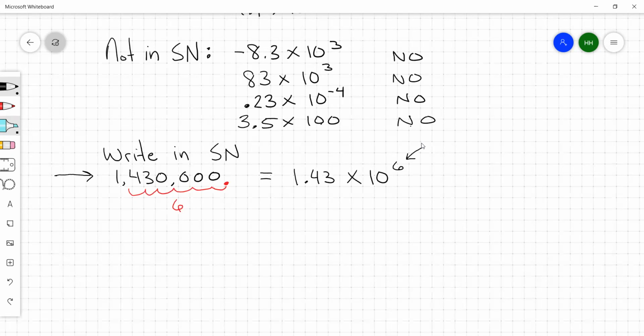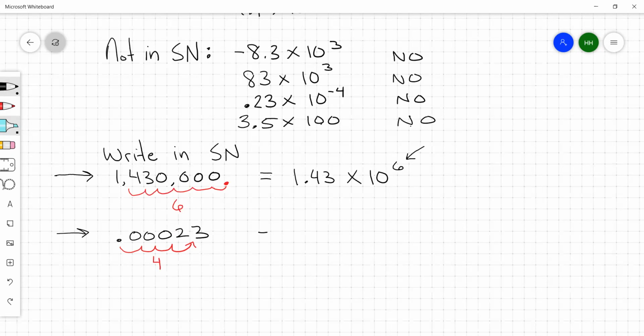If the number you start with is less than 1, like let's say we start with 0.00023, and you have to write it in scientific notation. This number that we're starting with is less than 1, so it has to have a negative power. So we're going to take this decimal again and move it 1, 2, 3, 4 places to the right.